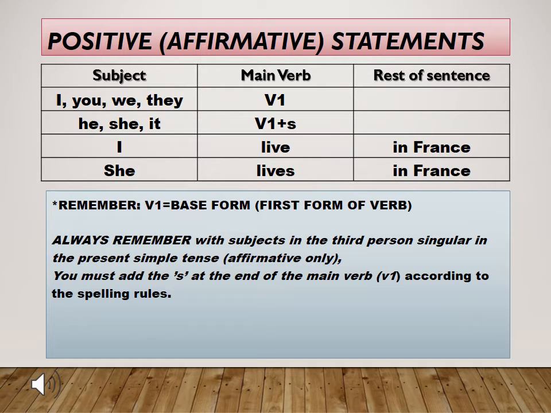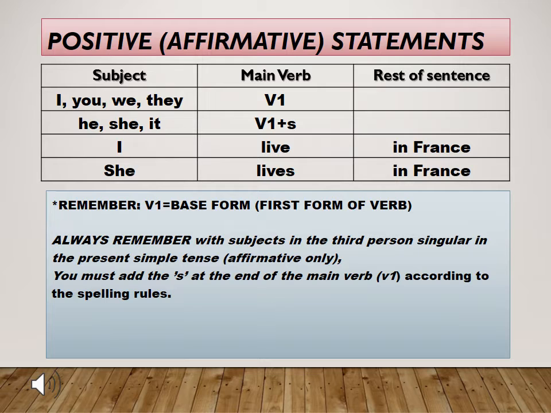But there are some spelling rules to follow. Always remember, with subjects in the third person singular in the present simple tense, affirmative only, you must add the s at the end of the main verb according to the spelling rules. As you can see in the chart above, I have categorized the subjects in two ways.